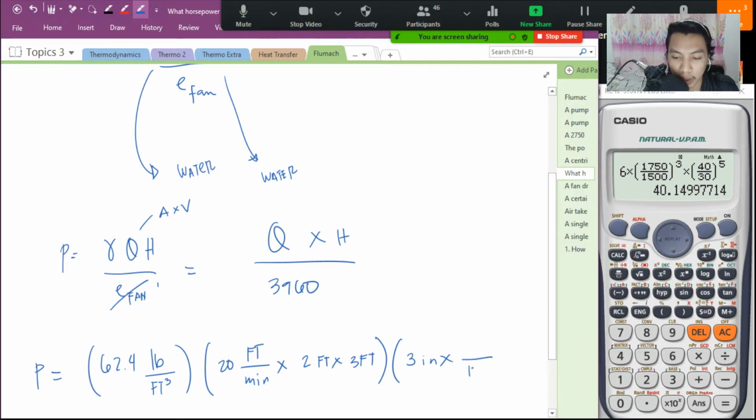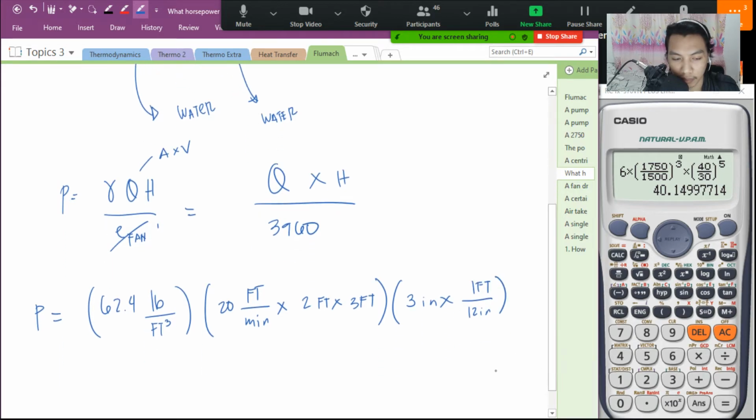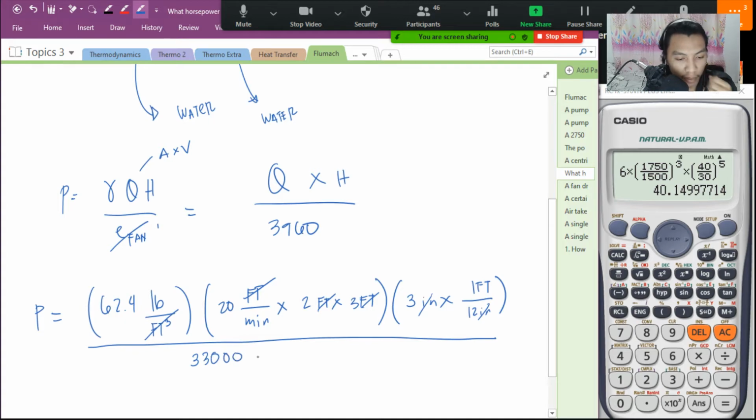So, 12 inch, 1 foot. Divided by, tignan muna natin yung unit. So, cubic foot, foot, foot, foot per minute. Pound feet per minute. So, anong conversion natin dyan per HP? There are 33,000 foot-pound per minute per HP.